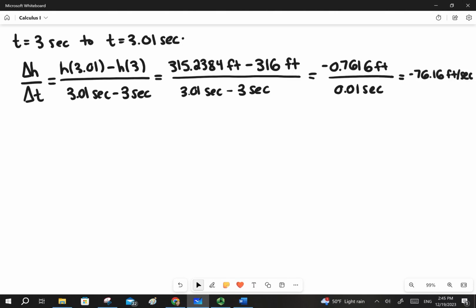Now it's important that I'm not rounding at all here. I'm keeping all the digits from my calculator every single time. This is important because we're dividing by very small numbers, like the 0.01 seconds.